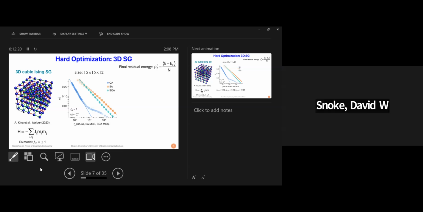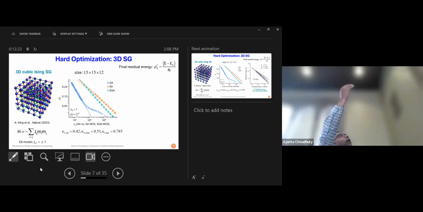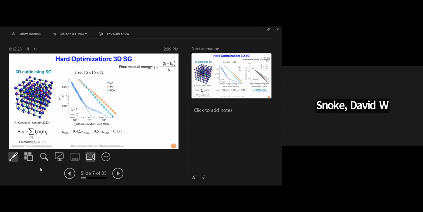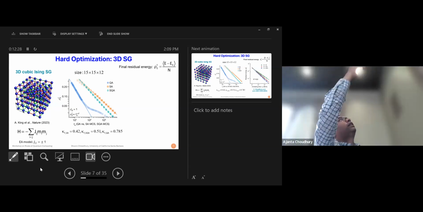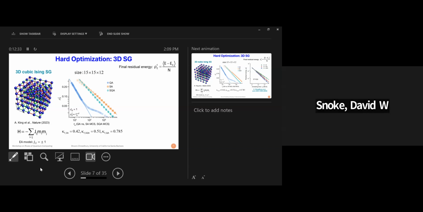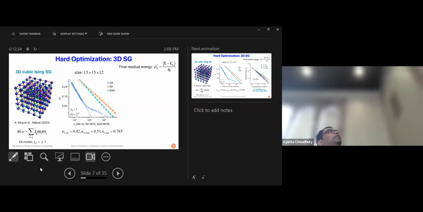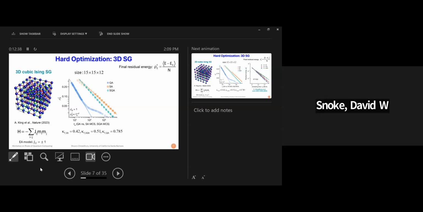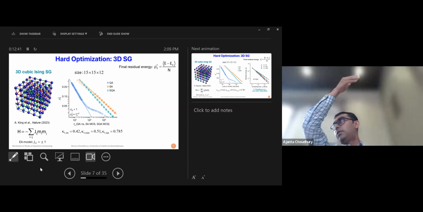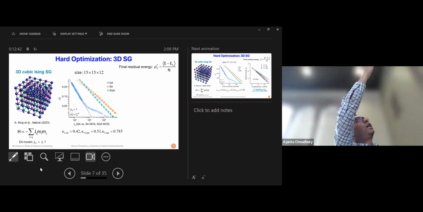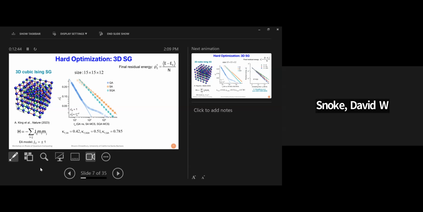And they showed that quantum annealing has the highest rate of decay of residual energy, which is defined as the difference between the energy you get at a given time and the true ground state energy. So the main conclusion was that the quantum annealer has the highest rate of decay in terms of residual energy compared to the classical approach.